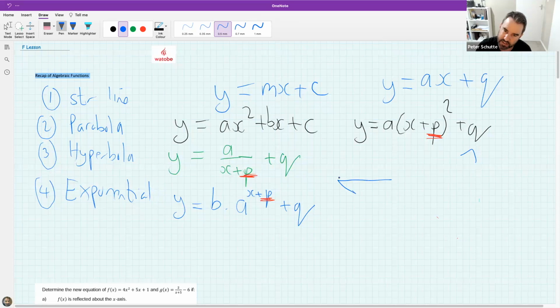So it moves it left and right. However, there's something quite sneaky about the horizontal shift. I would like someone to tell me what's sneaky about the horizontal shift, or about the plus P value that we sometimes see happening. We've come across this before. I just want someone to let me know what makes it sneaky.